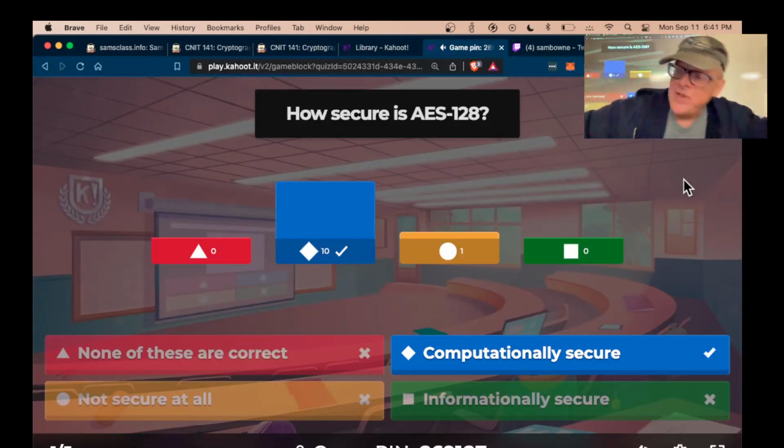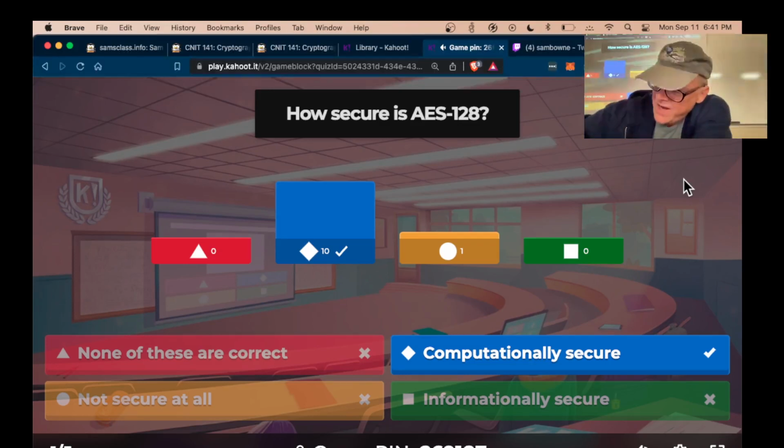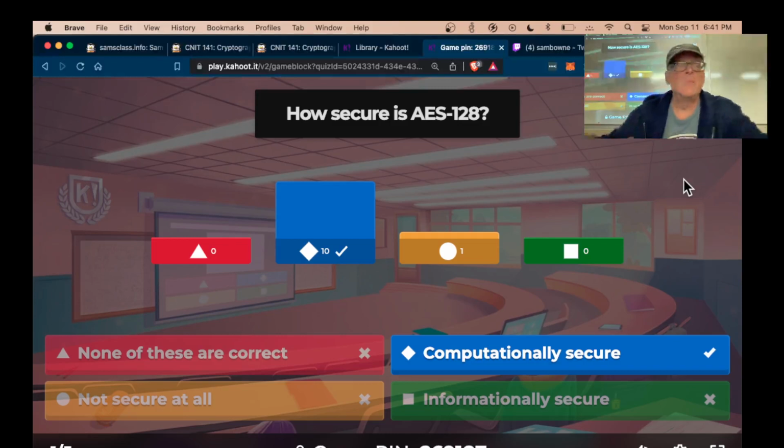It is computationally secure, which means that in practice, we don't think anybody can get in in any reasonable amount of time, in any available amount of time on any current computer.